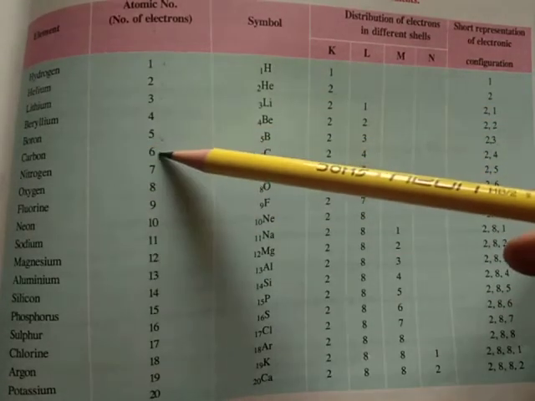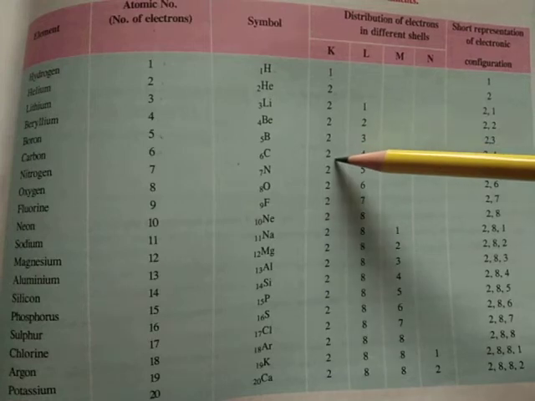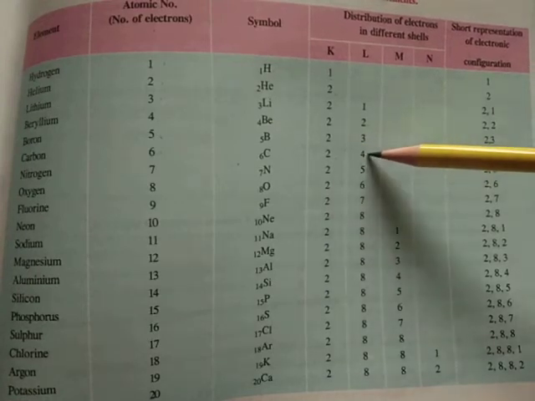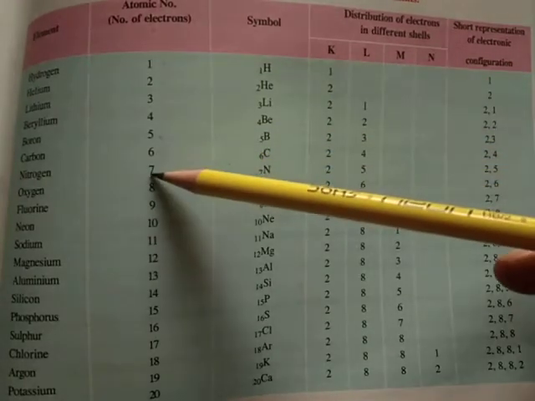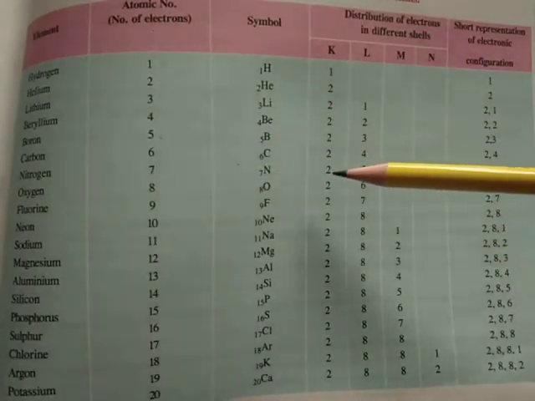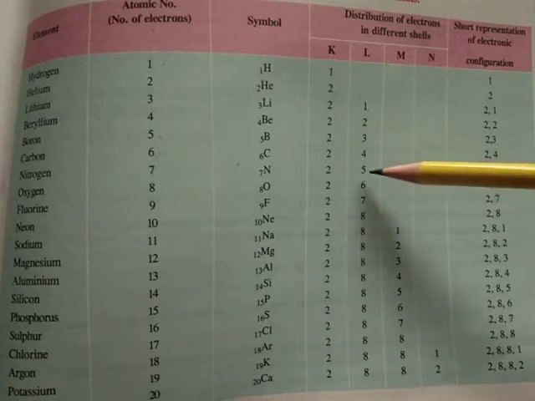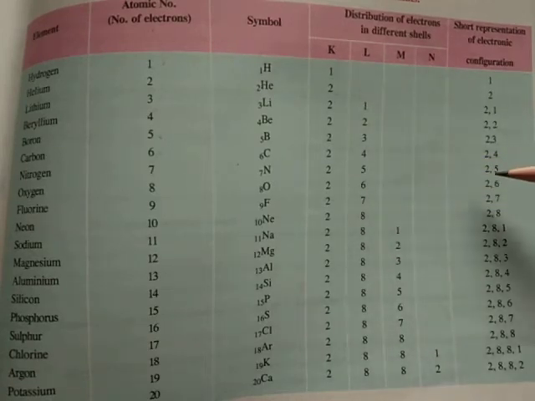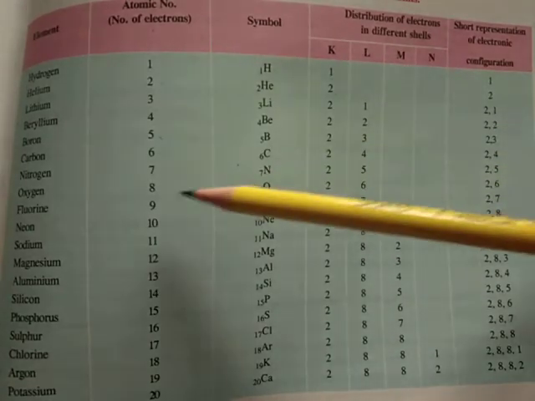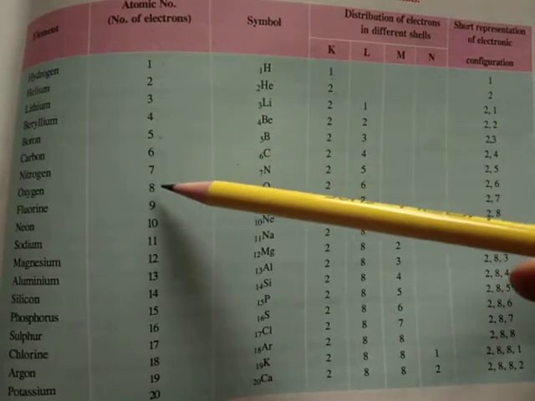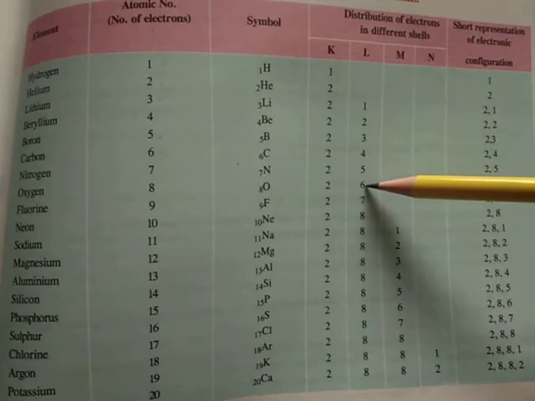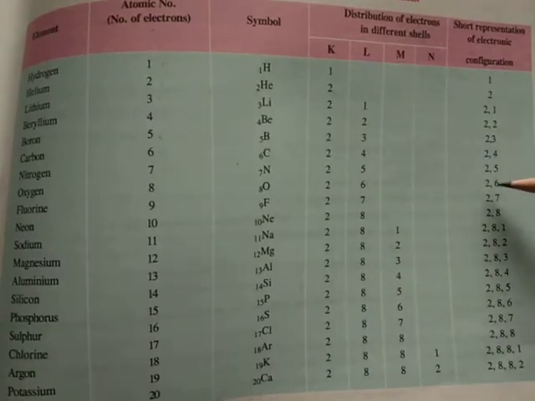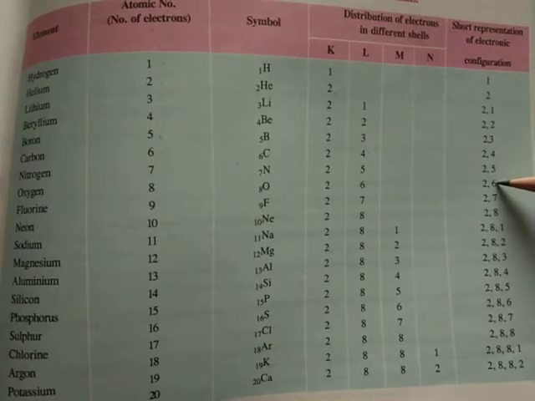Carbon, atomic number 6, 2 in K shell, 4 electrons in L shell, 2, 4. Nitrogen, 2 in K shell and 5 in L shell, it will be 2, 5. Oxygen, atomic number 8, 2 in K shell, in L shell 6 electrons are present, so its configuration is 2, 6.